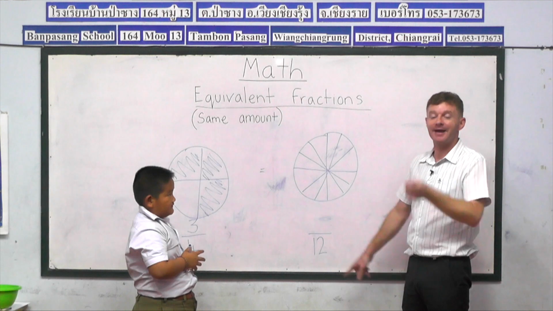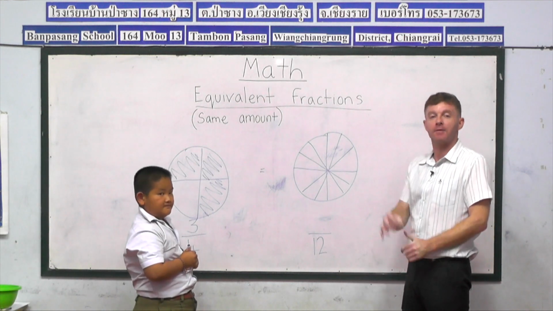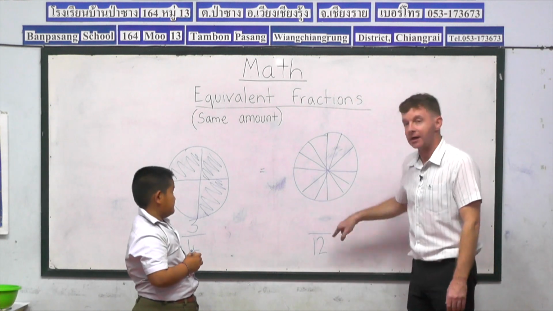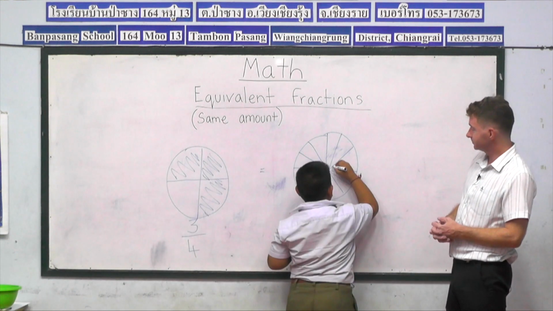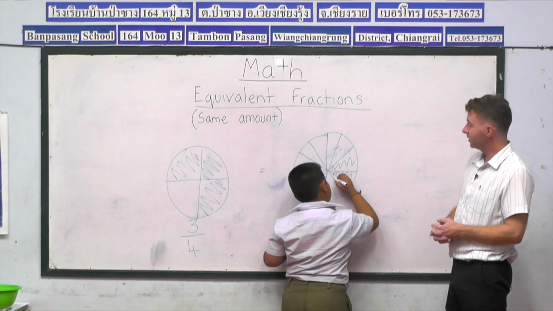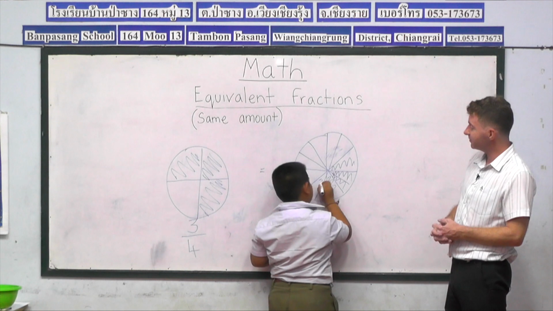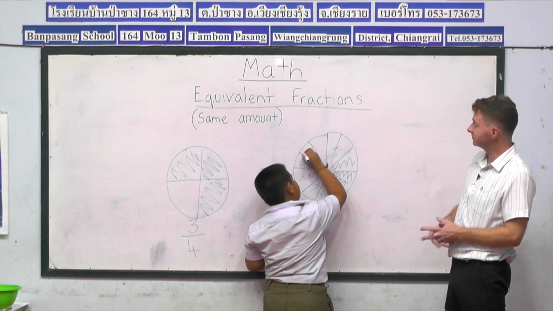Keep going. 9. 9 parts need to be in blue because 9 is 3/4 of 12. So Net, 9 parts in blue. 1, 2, 3, 4, 5, 6, 7, 8, 9.